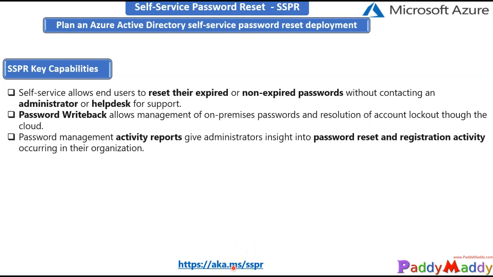If the user account source is on-premises, then the password writeback option allows the management of your on-premises passwords also. That means you need to have AAD Connect, and it would automatically write back the passwords to your on-premises accounts. That's an additional feature.